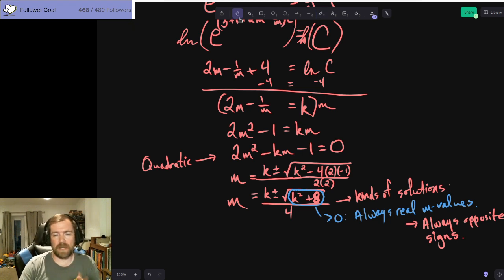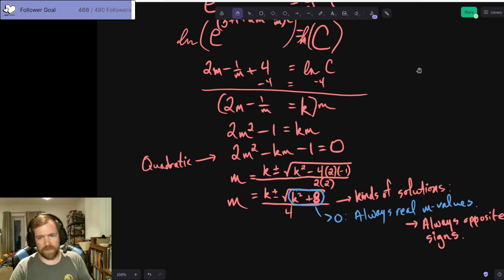So even if we didn't know what the k value is, and there's no way to figure it out, we don't have a phase plane for the system for some reason, we have no other analysis tools, we could still go through this process and say, based on this quadratic that we came up with, our m value is always going to have two real values, and they're always going to be of opposite signs.